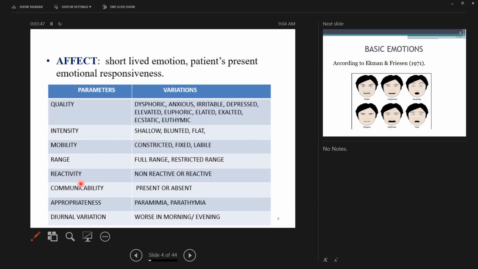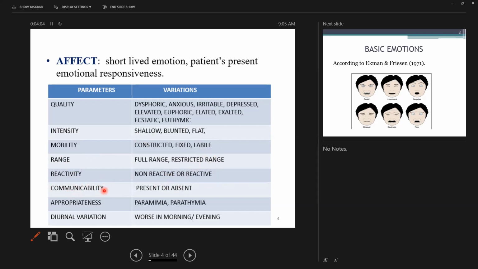Now, reactivity is the fluctuations in affect which occur in parallel to one's environment, which can be non-reactive or reactive. Communicability is the capacity with which the patient interacts with the interviewer, which can be present or absent.